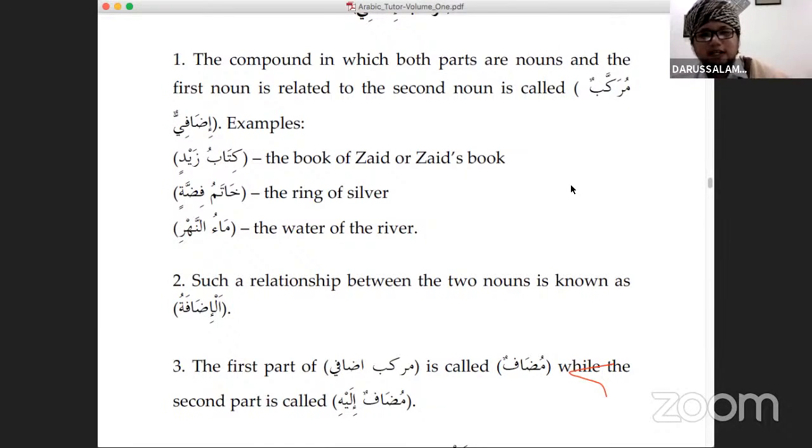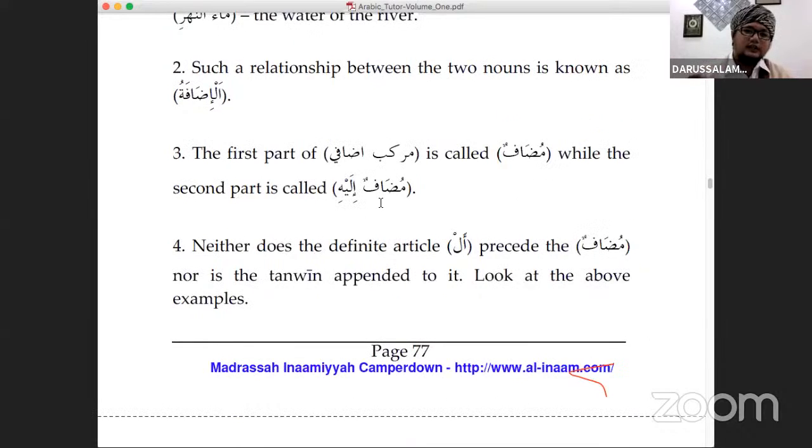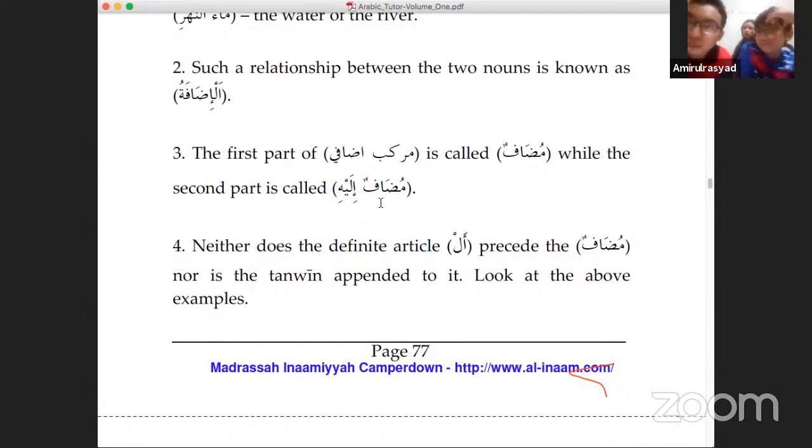What's the difference when you translate into Malay? In Malay there is no particular word to differentiate, right? So that's why I want you to take note of the English translation so that you understand what is murakkab idafi. So this is called the idafa.